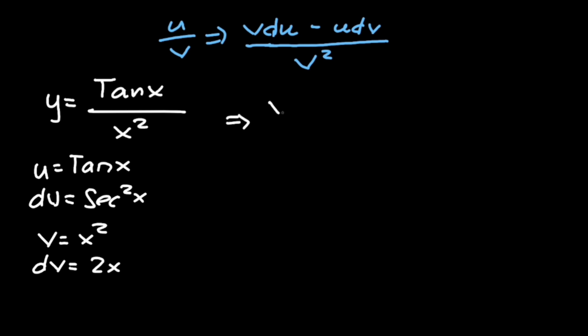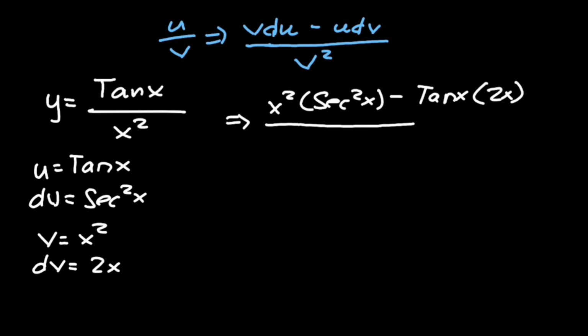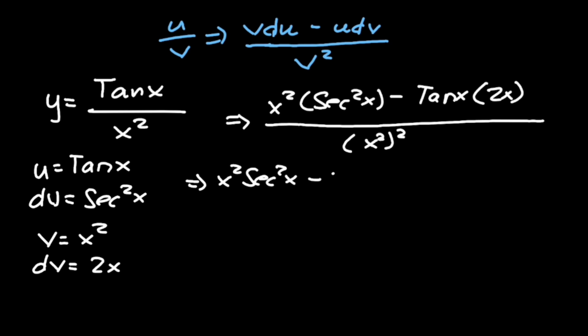You will get x squared multiplied by secant squared x minus tangent of x multiplied by 2x, over v squared, which will be x squared raised to the power of 2. Simplify this, you will get x squared secant squared x minus 2x tangent of x over x raised to the power 4. Simplify this further if you want, but I will leave this as it is.